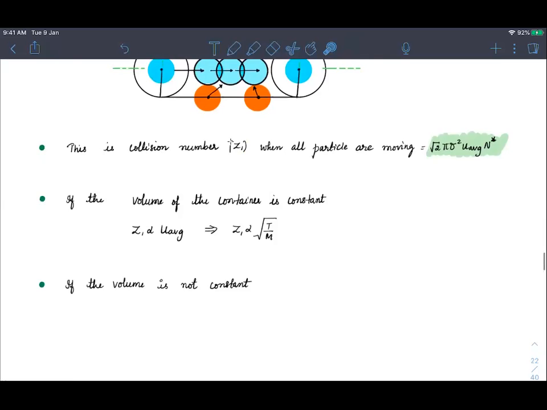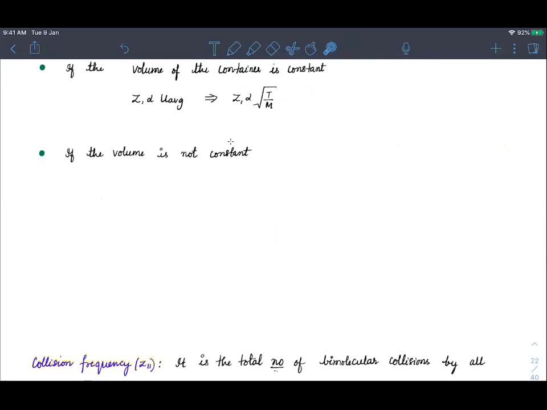Suppose if volume is not constant, I can use PV is equal to nRT also. I can write PV is equal to nRT as N by V is equal to P by RT.